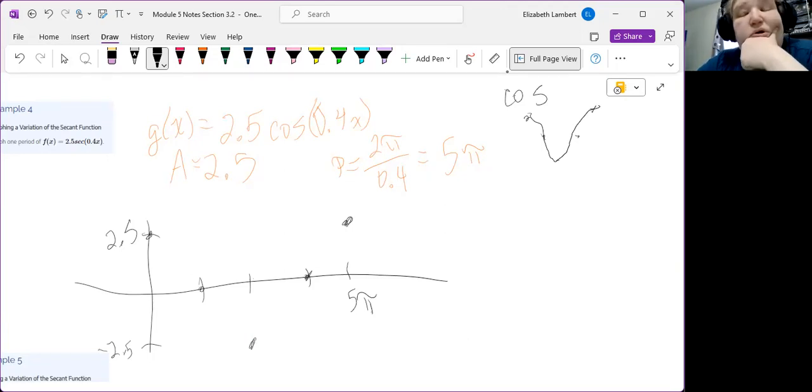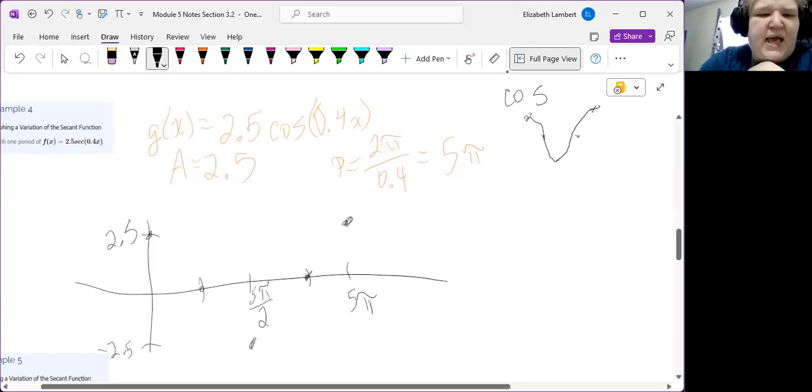So playing the let's-cut-this-in-half game, 5 divided by 2 is 2.5, or 5 halves pi, 5 pi over 2. Half again is 5 pi over 4.